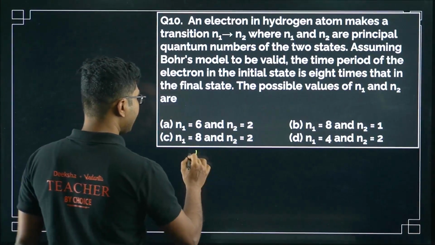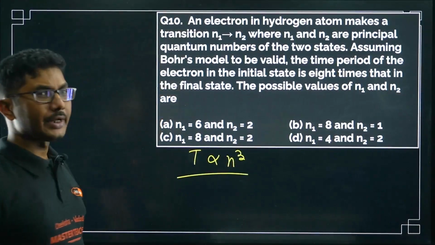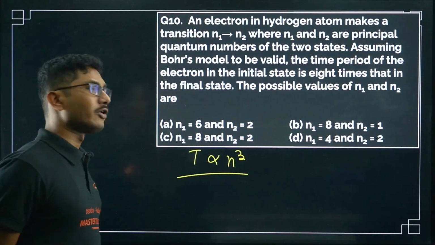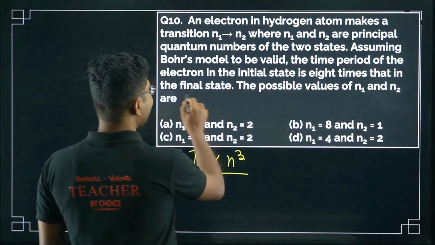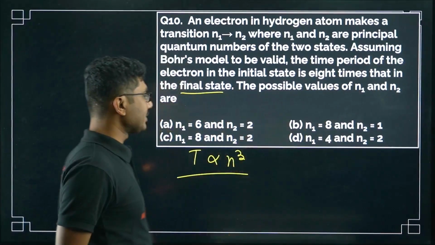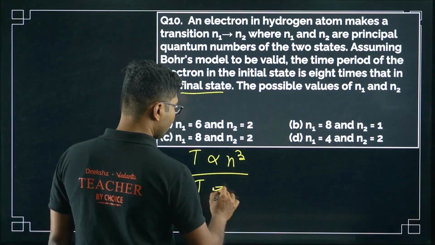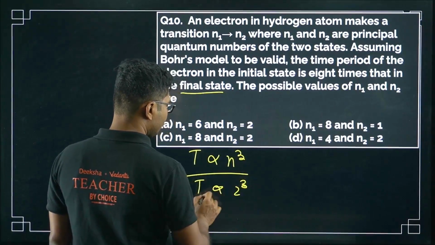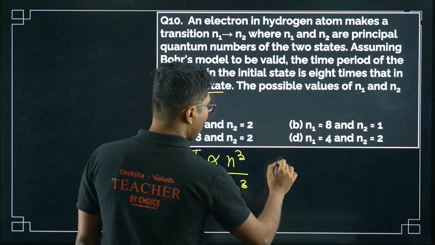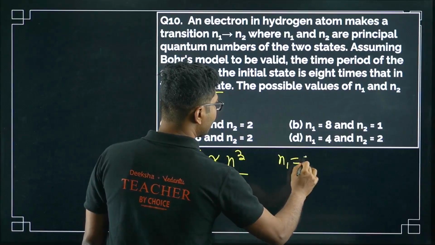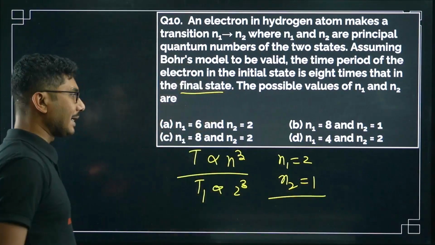The time period of revolution in a hydrogen orbit is proportional to n cube. So the initial state is 8 times, which means n has to be 2, since 2 cube is 8. So n1 must be 2 and n2 must be 1. That is the only possible case, right?